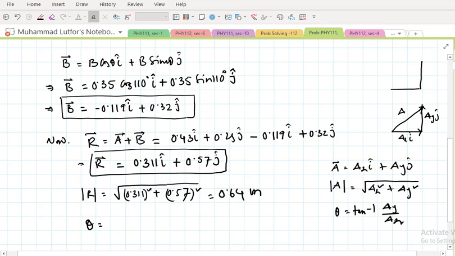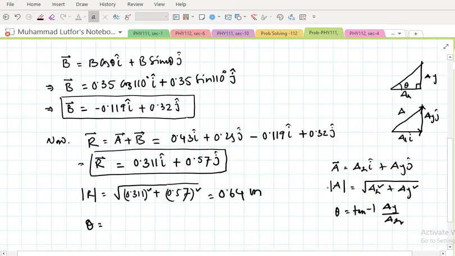Say this is your ax, and this is ay, and this is your hypotenuse. This angle is 90 degrees, this will be the theta, this is the base, and this is the perpendicular.